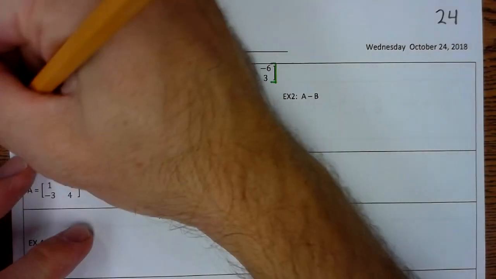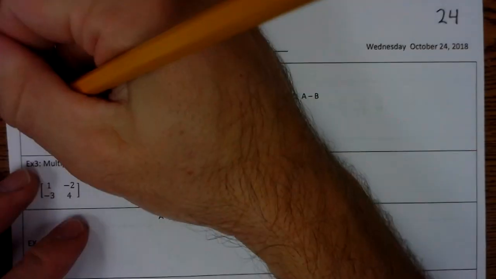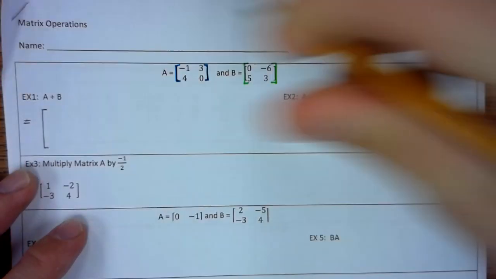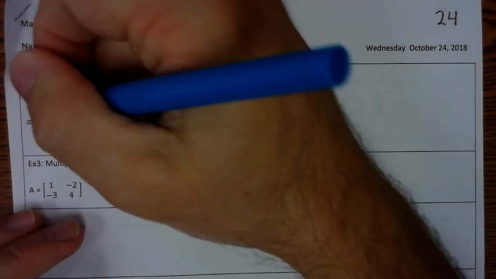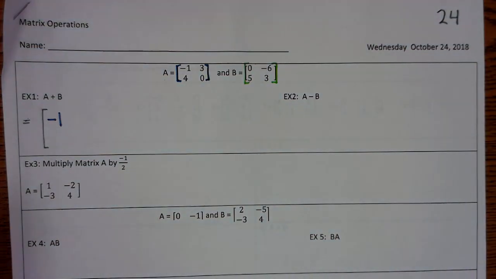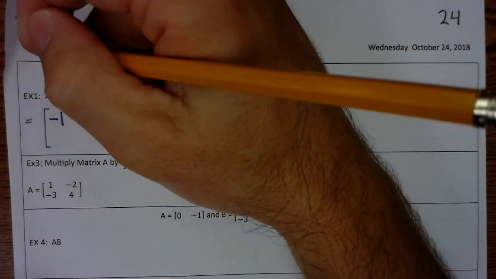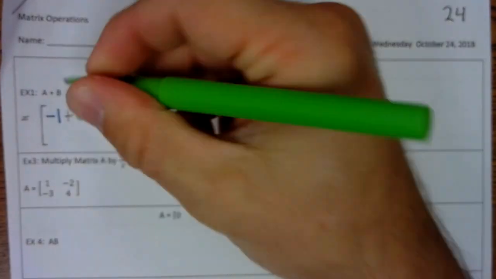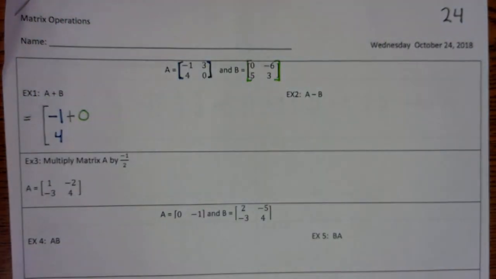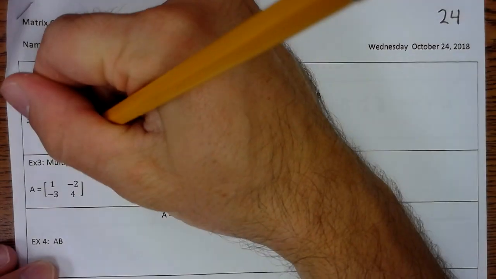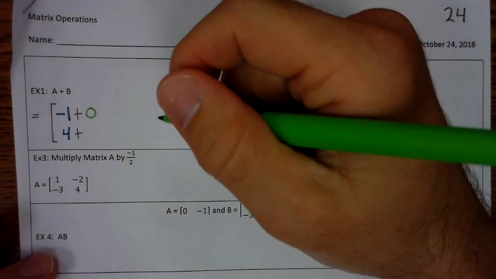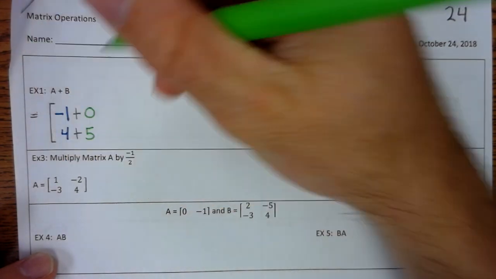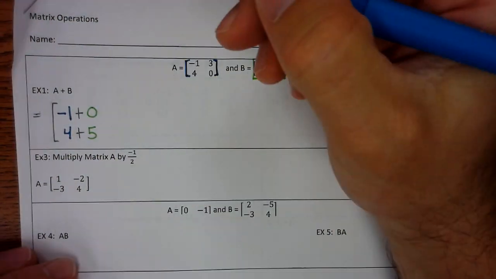Okay, so when we add A and B, that would be -1 plus 0, 4 plus 5, 3.